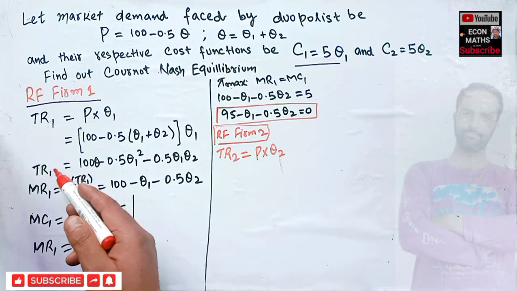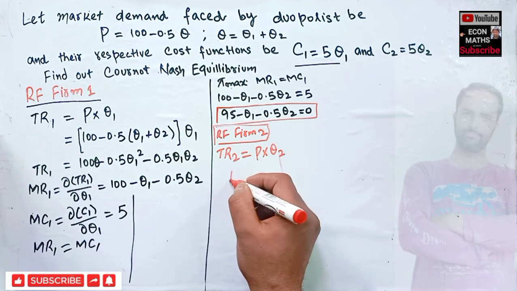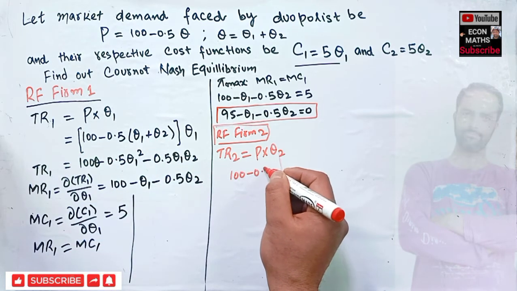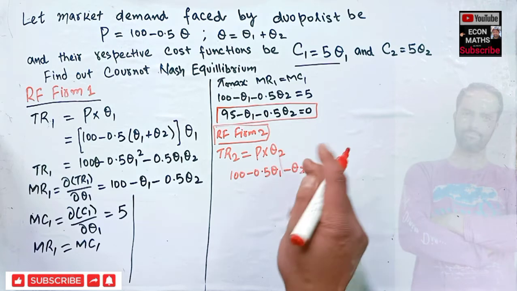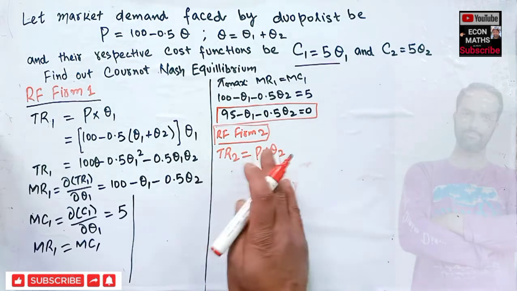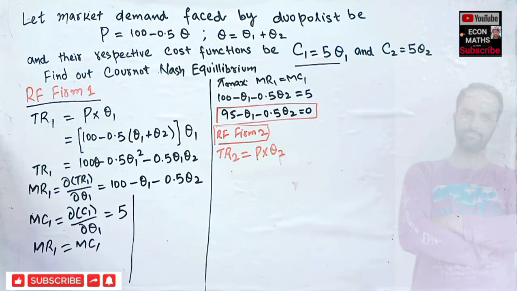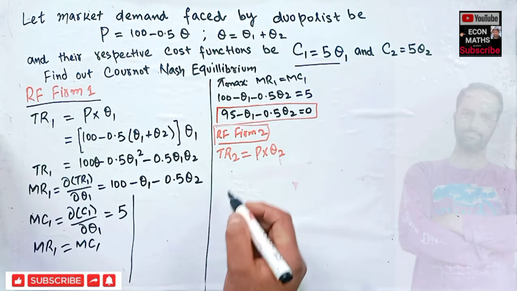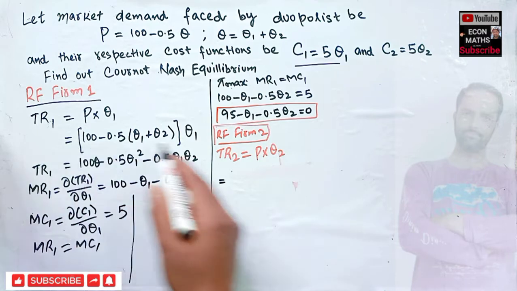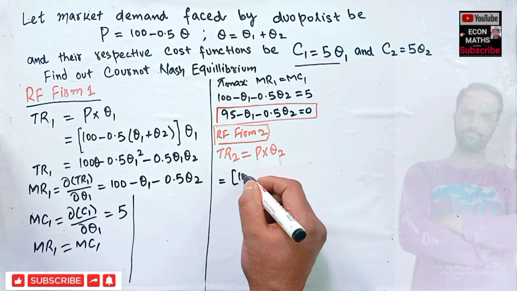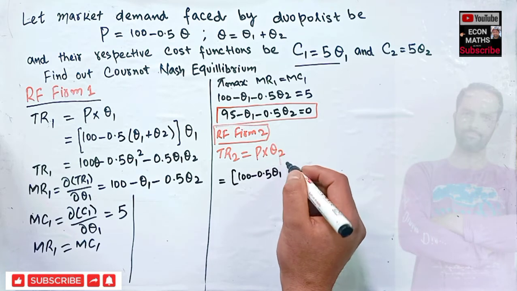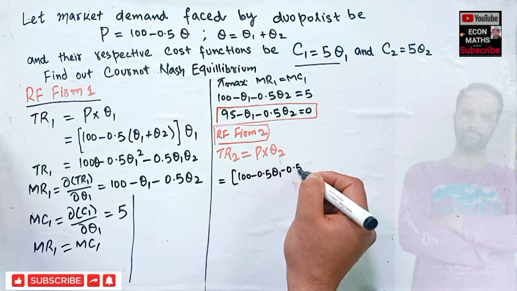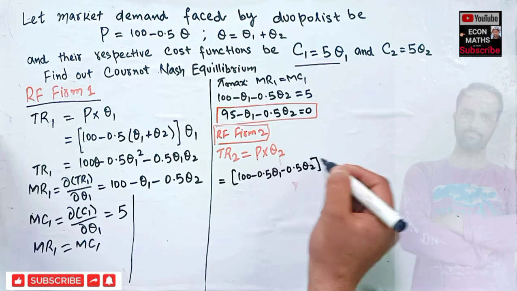We have calculated P is 100 - 0.5Q1 - 0.5Q2. So let's cut it short here. Which implies our P is, in this very step again, 100 - 0.5Q1 - 0.5Q2, to this we multiply Q2.